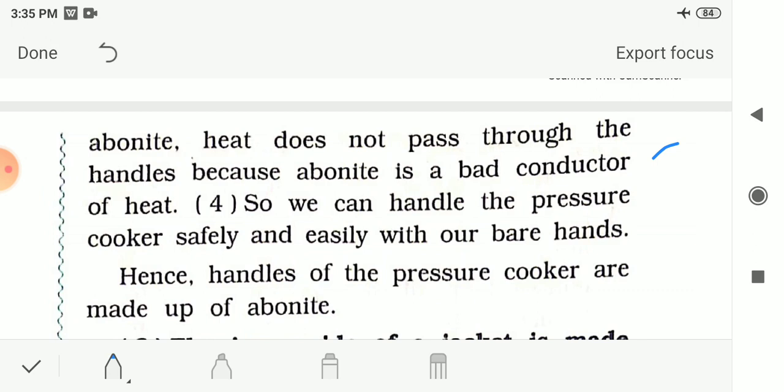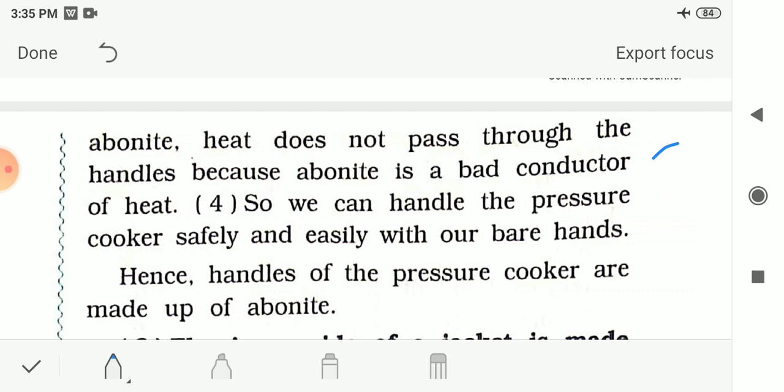The pressure cooker is made of metal as we need to heat the food quickly. So it is made of metal, which is a good conductor of heat, and while cooking the food, the pressure cooker is heated, so we cannot directly hold it.